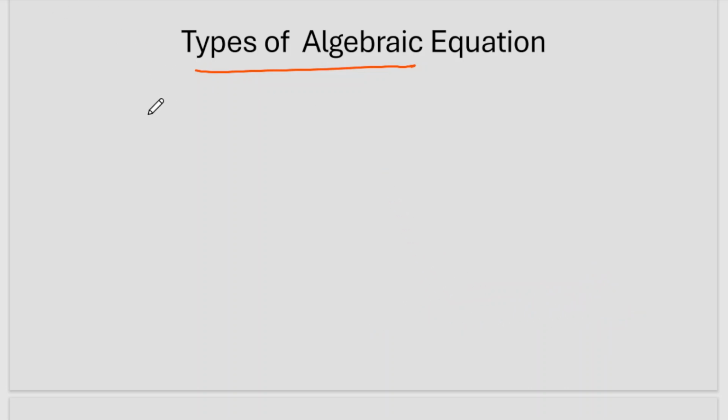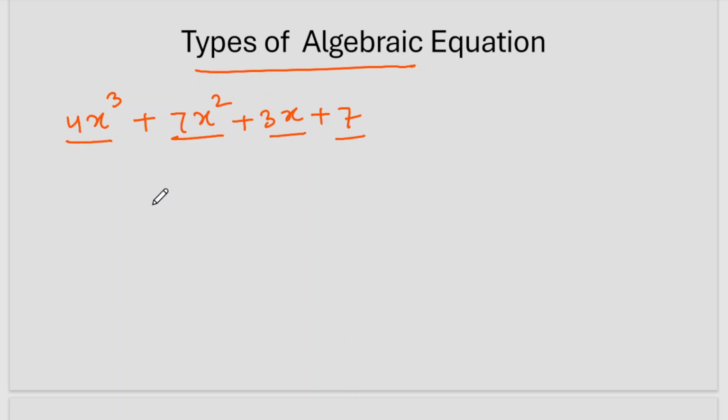Let me write another expression. 4x cube plus 7x square plus 3x plus 7. Okay, now we have this expression because we have 4 terms here.